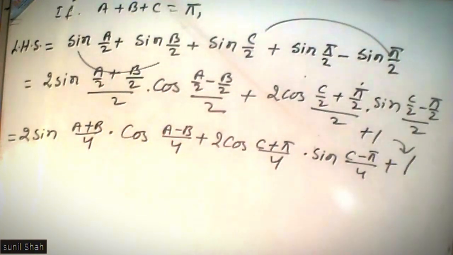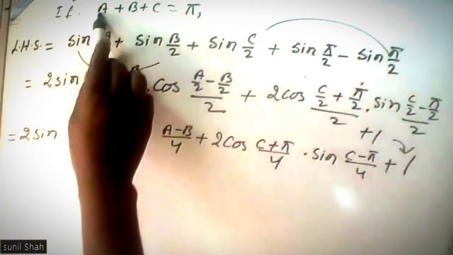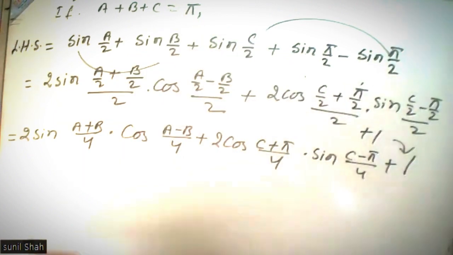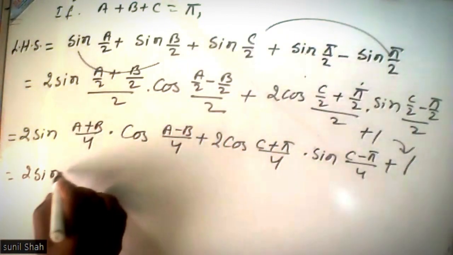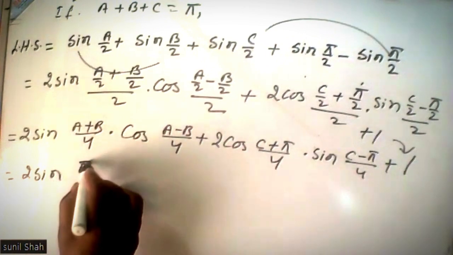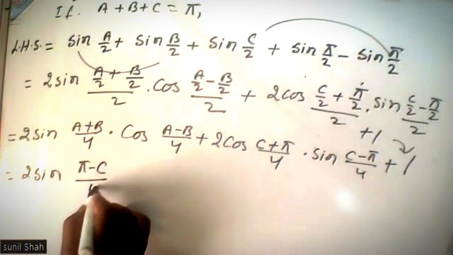Now what is (A+B)/4? We have A plus B is equal to pi minus C. So this 2 sine (A+B) is replaced by (pi minus C)/4.